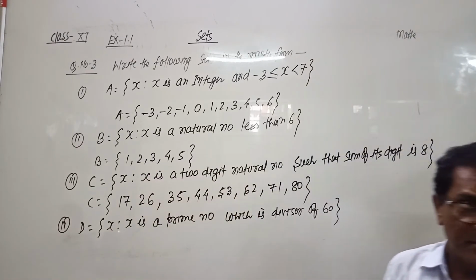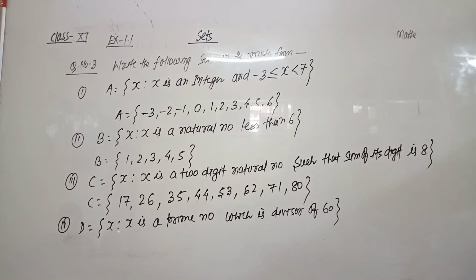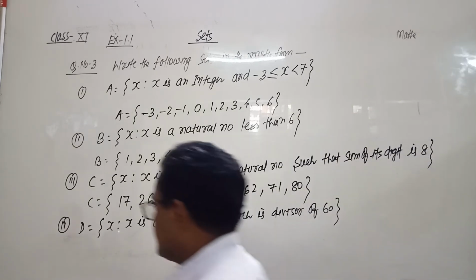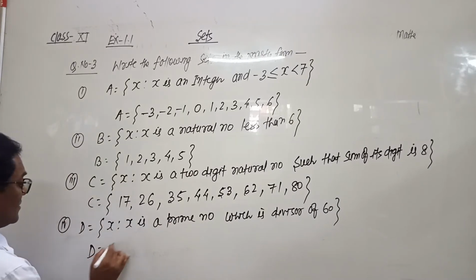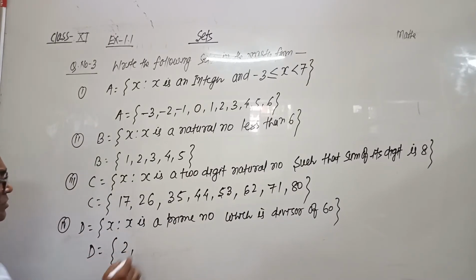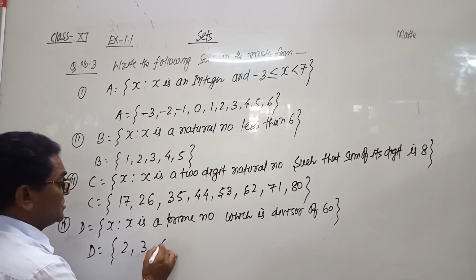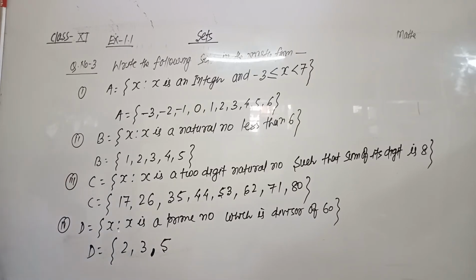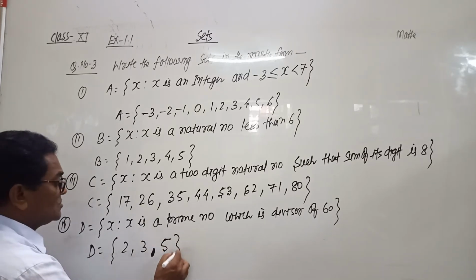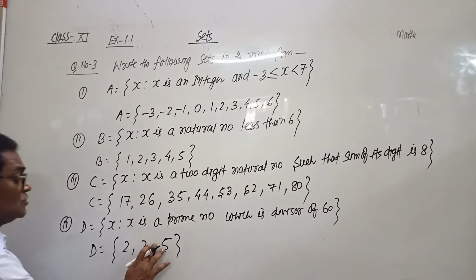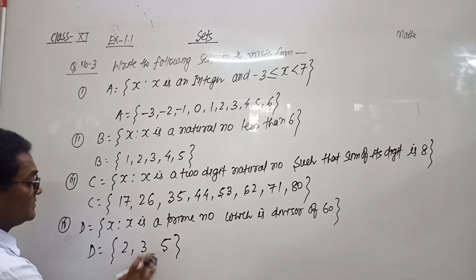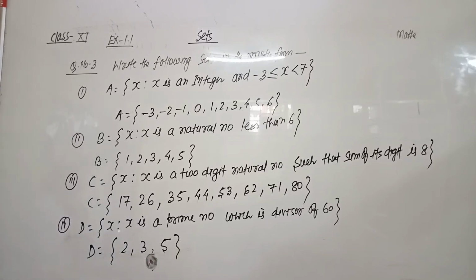So प्राइम नंबर जो डिवीजर हो 60 का, so it would be a prime number starting from 2, which divides 60. 3 is a prime number which divides 60, 5 is a prime number which divides 60. So the result is 2, 3, 5.